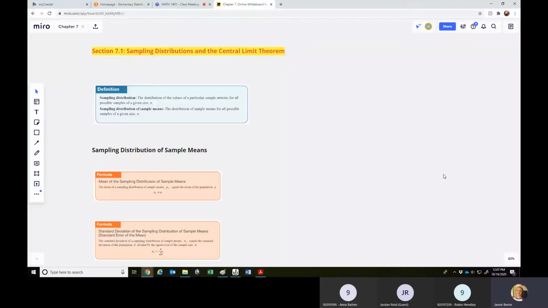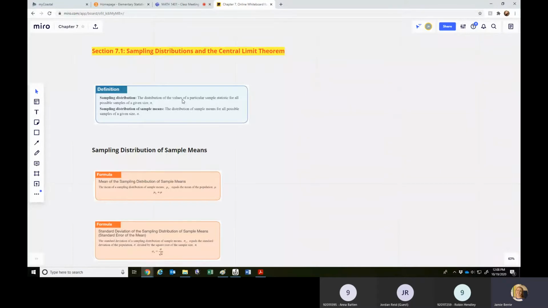So this could be, it says a particular sample statistic. We could be looking at their average height, or the standard deviation of their heights, or the variance of their heights. But the sampling distribution would be made up of all the different samples of size 50. You can choose whatever sample size you want.